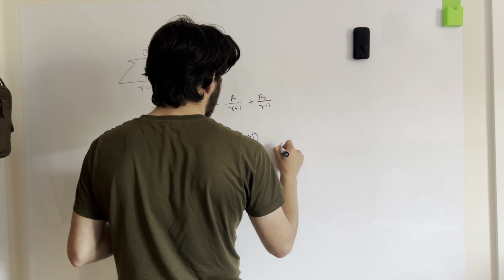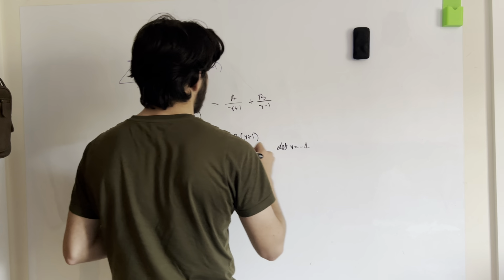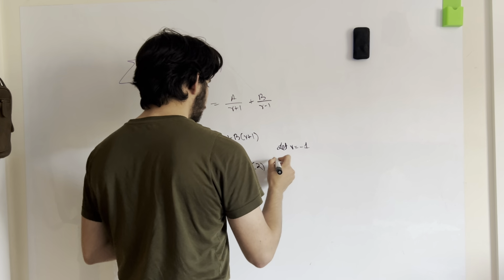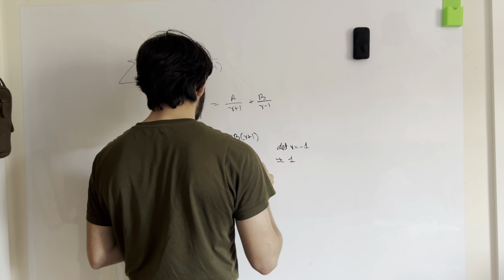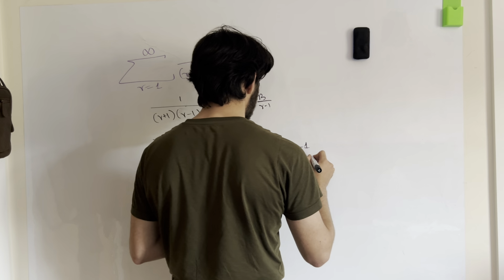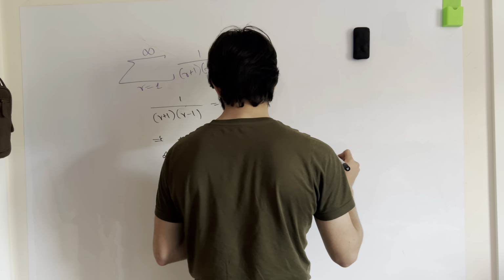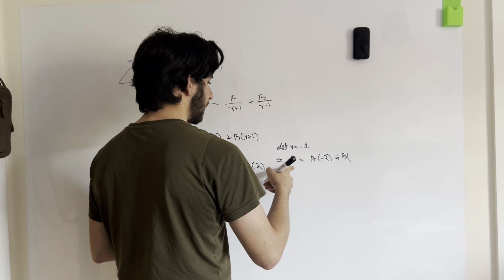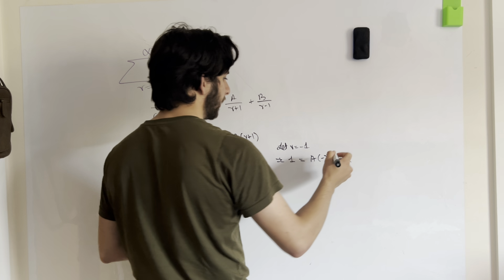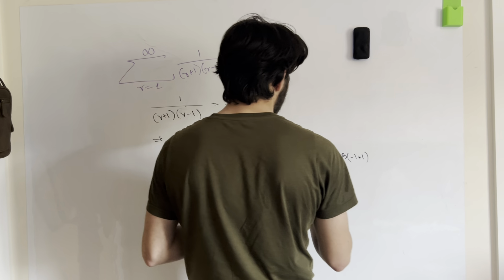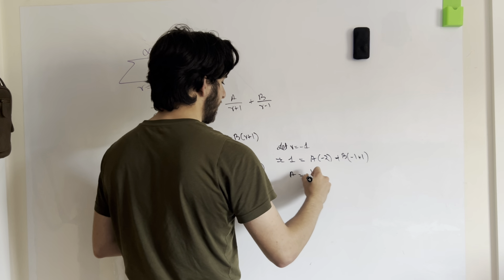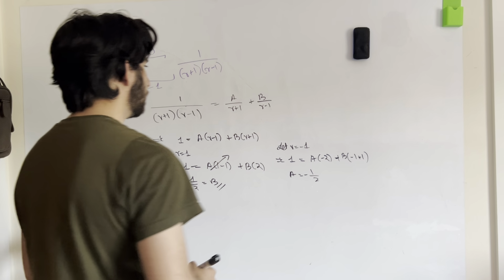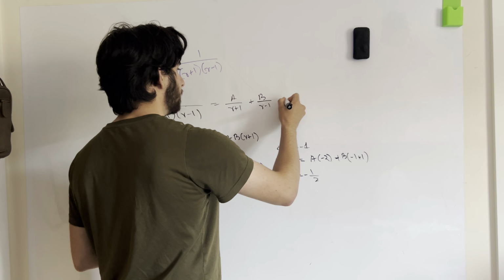Then you let r equal minus 1, so that we can let b times (r plus 1) become 0. So substituting everything in, we get 1 equals a times minus 2, and we can already see that we have a minus over here, and if we rearrange, we can get a value for a, which is going to be negative. Clearly we're going to be using the difference method again.